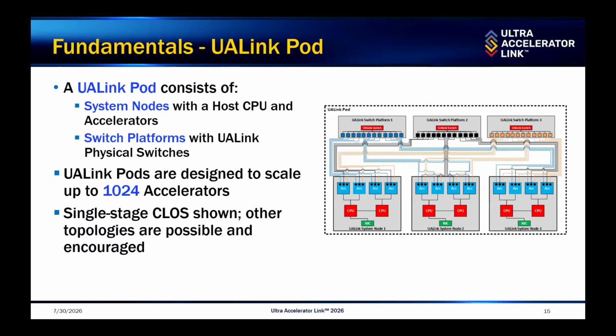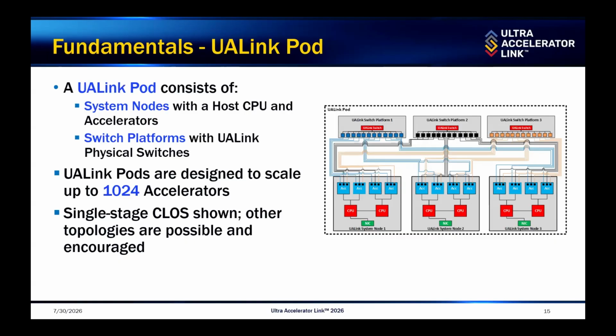As a fundamental, UALink systems are grouped into pods, and we've defined a UALink pod as consisting of a set of system nodes with a host CPU and the accelerators on the UALink fabric, as well as a number of switch platforms hosting physical switches that are routing traffic.